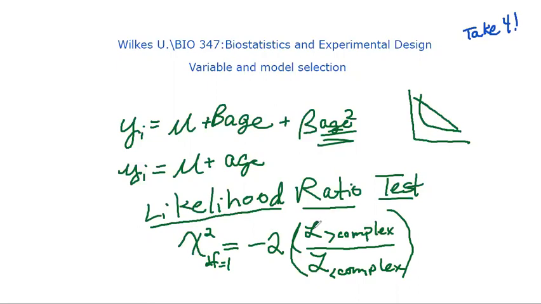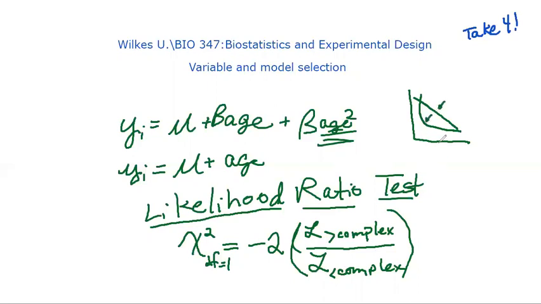If you remember, if the fit is so much better than the less complex model, this ratio should be much higher. So that's a relatively simple thing, and I would say this is a great tool to use if you're just asking this question: a linear model or a curvilinear model.